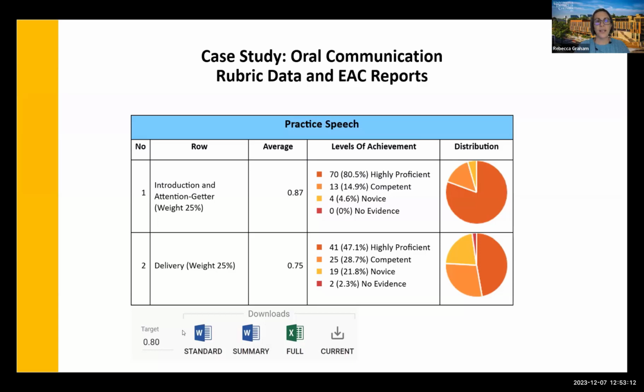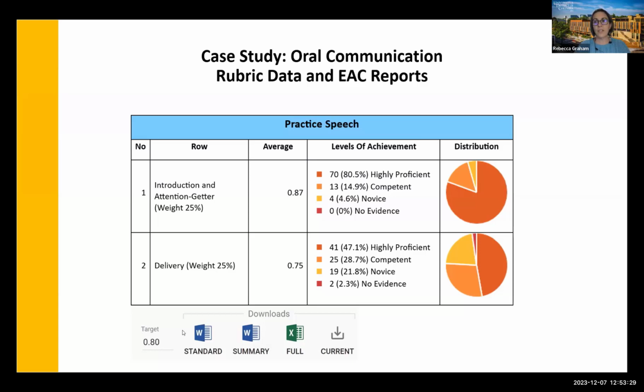In the introduction and attention getter criterion, students averaged 0.87, which surpasses that 0.80 target. You'll notice the 0.87 in the column marked average.